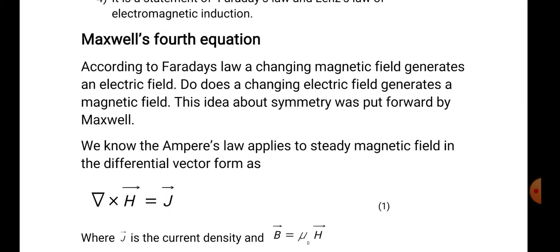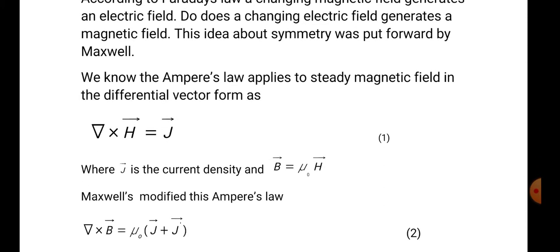We know Ampere's law applied to a steady magnetic field in differential vector form: del cross H bar is equal to J bar, where J bar is the current density, and the magnetic field B is equal to mu naught H bar.